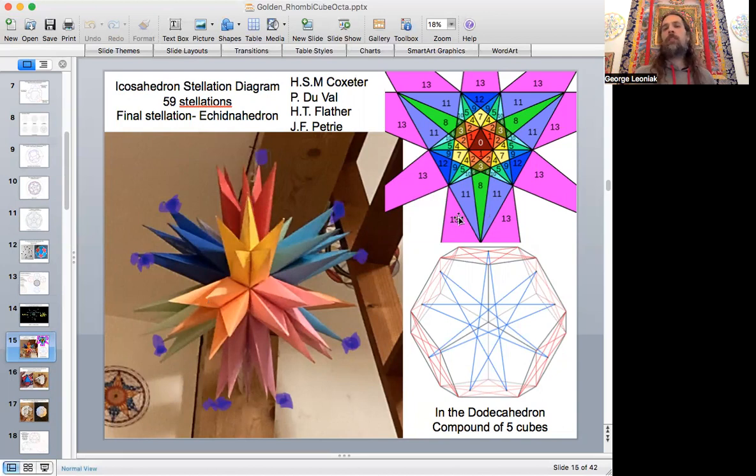They're called the final stellation of the icosahedron diagram because it's the furthest points that will go out when we extend them out. And all these other stellations are kind of within that. So this was the 13th stellation. And if you take those planes and put them together, you'll come up with this echidnahedron, which is the final stellation.